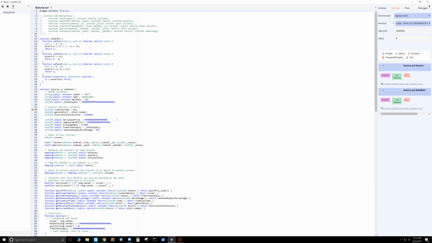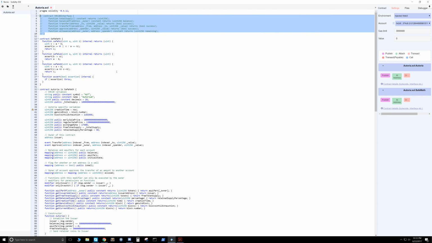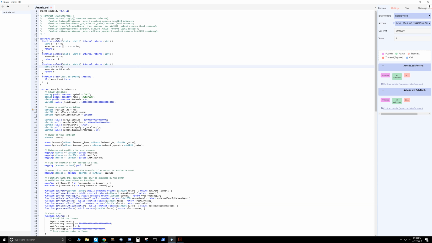And that way, programs and dApps and software on the web and things like that can interact with these tokens all the same way, regardless if it's a Minerium token, a Autoria token, like a Golem token, or anything that is released on the Ethereum blockchain underneath this can be interacted with in a similar method. So you can see those functions up here: total supply, balance of transfer. And if you remember when we were looking at the Etherscan for Minerium, those are all implemented there.